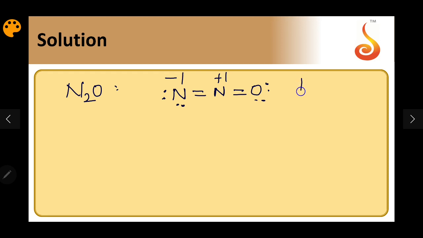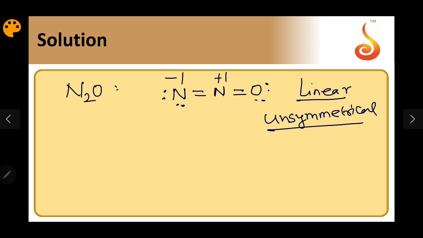It is very much linear, but because nitrogen and oxygen are there, it is non-symmetrical or unsymmetrical. And also we can write resonating structures. This is one structure. I can write two more structures. So this electron pair can go here. This electron pair can go here. So I can get nitrogen triple bond, nitrogen single bond O with three lone pairs on oxygen.